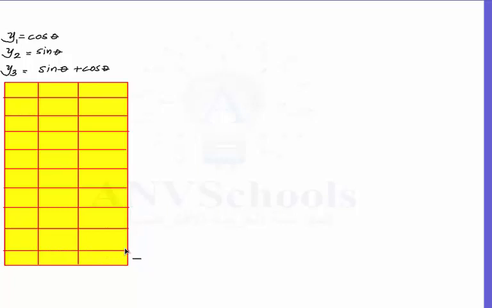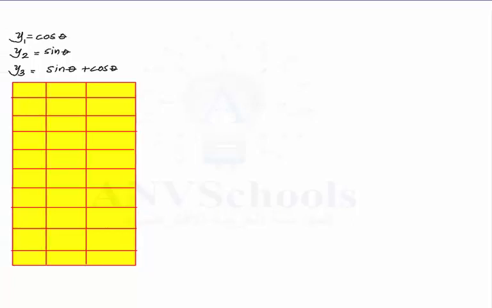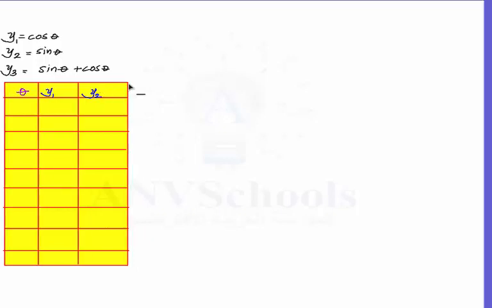Okay, so I think this is enough. Now let's say this is our theta values. This first column contains our theta values, and the next column would be our y is equal to cosine theta, so y1, and this is y2, and we need another for the y3, the combination of the sinusoids.